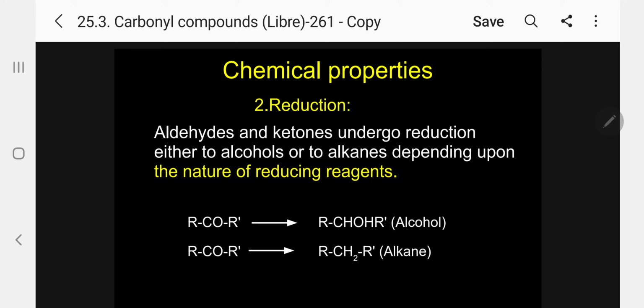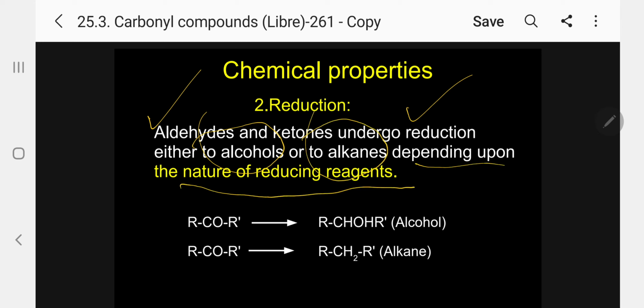Now coming to reduction. First, oxidation we have discussed. Second is reduction. Aldehydes and ketones undergo reduction either to alcohol or to alkanes depending upon the nature of the reducing agent. Whatever reducing agent we are using, based on that, whether an alkane or alcohol is produced.